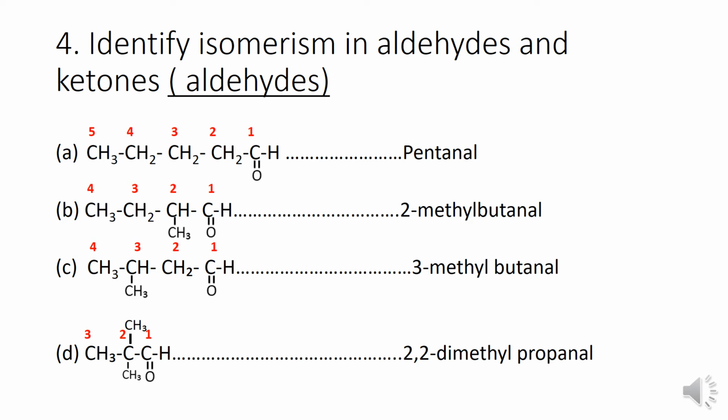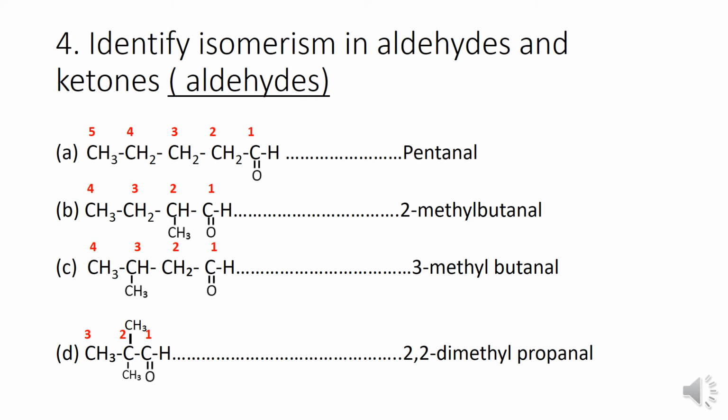So what we have here is an aldehyde, and the main chain consists of 5 carbon atoms, so we name this aldehyde as pentanal.